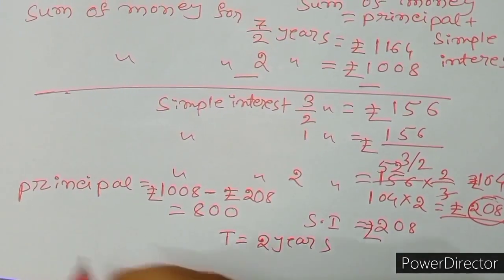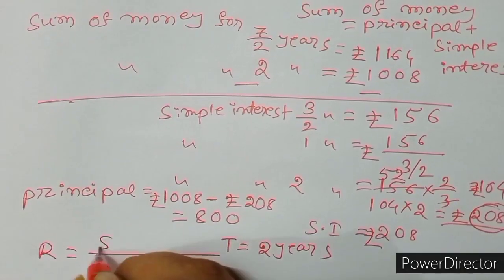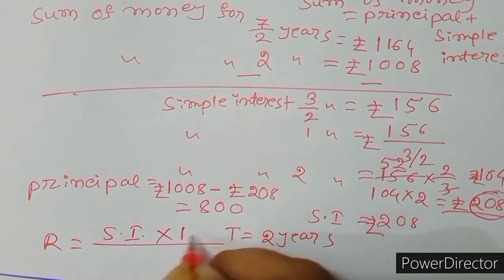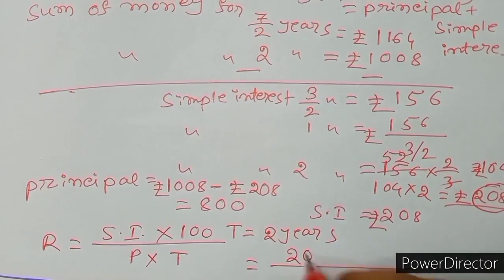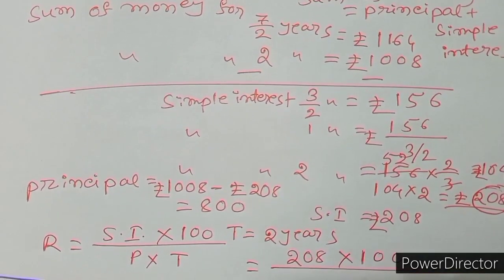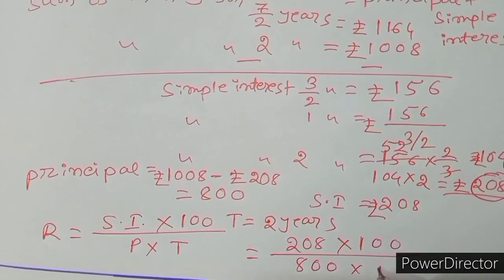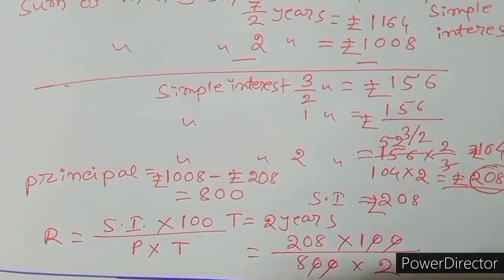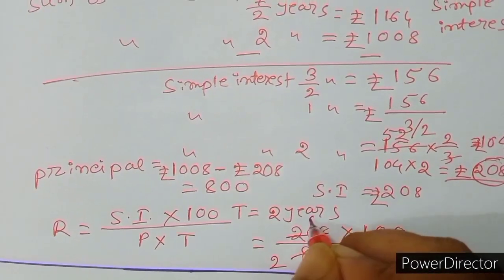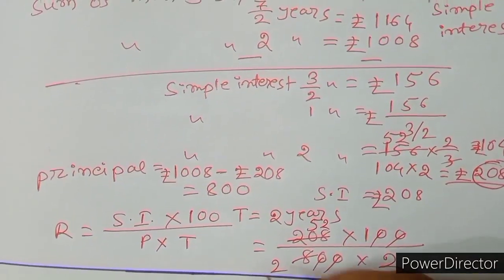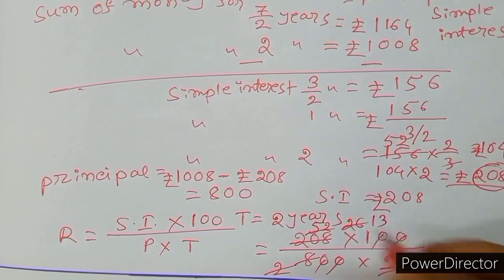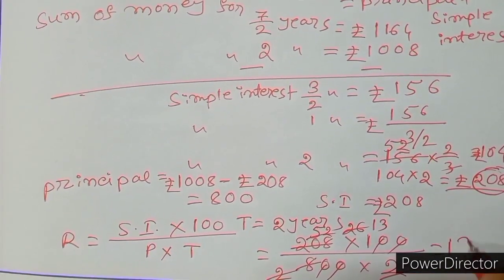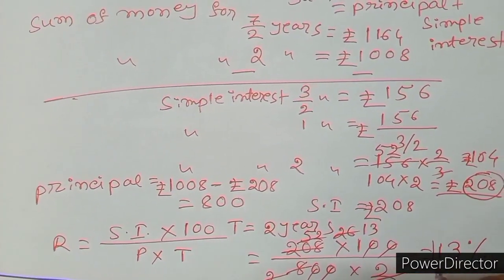So we easily calculate R equal to SI into 100 by P into T, means 208 into 100 by 800 into 2. So 13% is the answer.